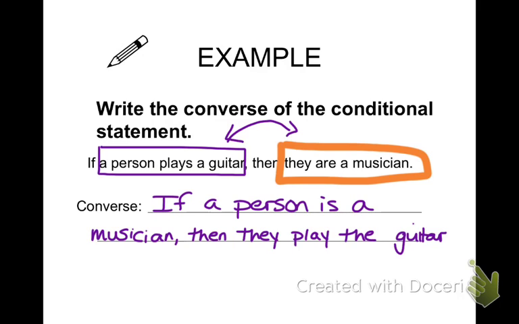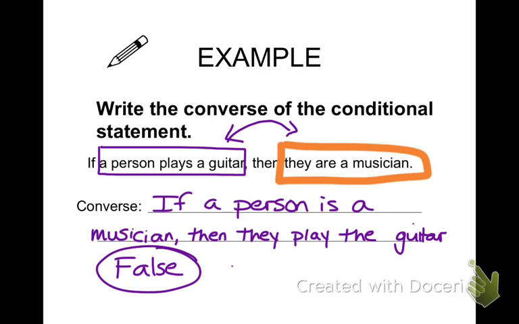Now, is my converse true or false? That is false, right? Can someone come up with a counterexample? Shayna? Person is a musician. Good. And you don't have to rewrite it in if-then form. You could just say a person could play the piano. If you do write it in if-then form, that's okay.